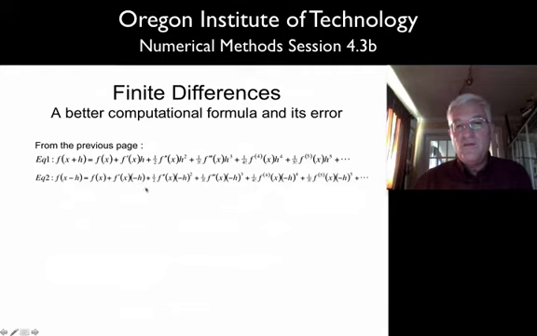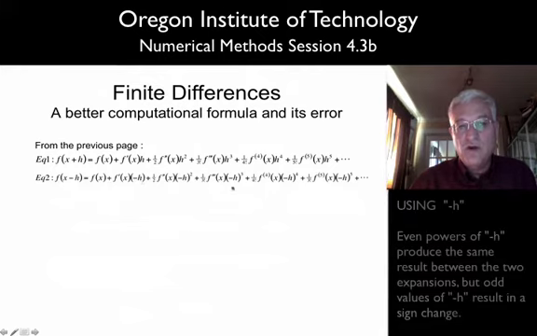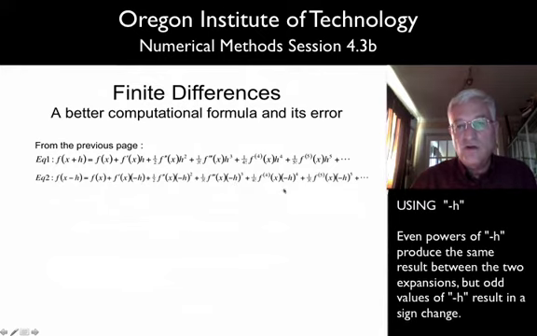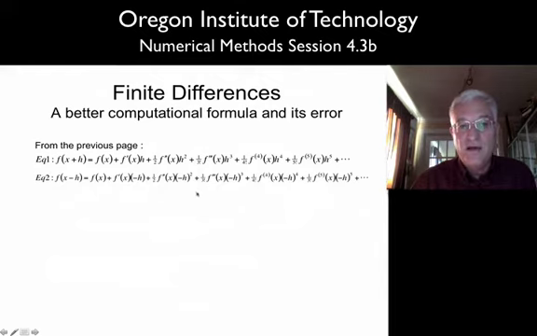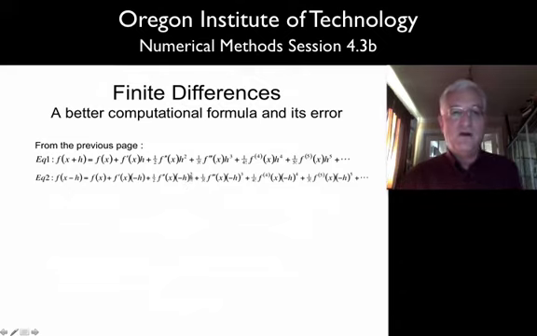Now, looking at it more closely, if you have odd powers like minus h or minus h cubed or minus h to the fifth, that turns into still a minus h to whatever power you have. But if you have even terms, like squared or to the fourth or to the sixth, then the negative sign is going to disappear.